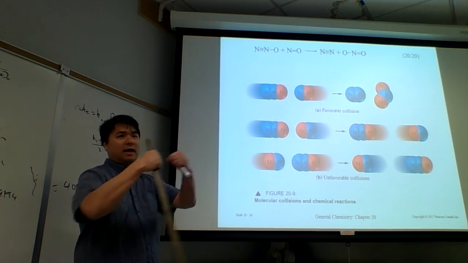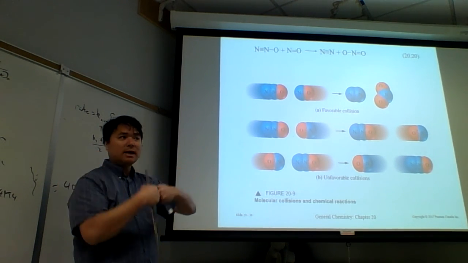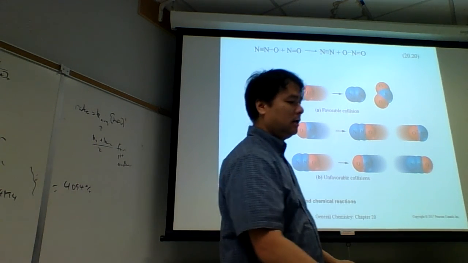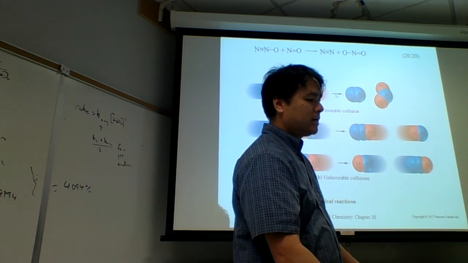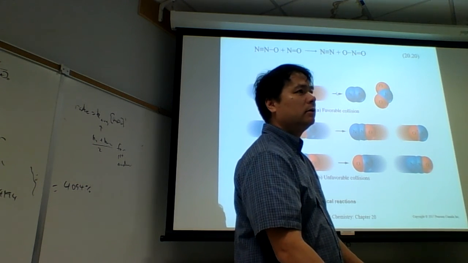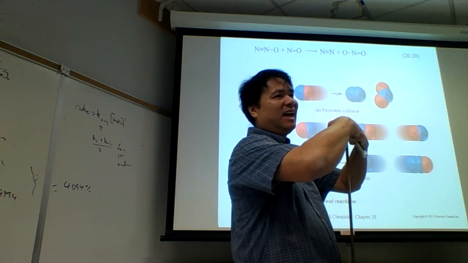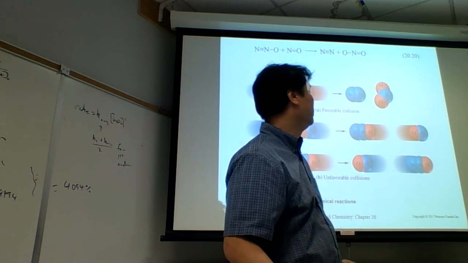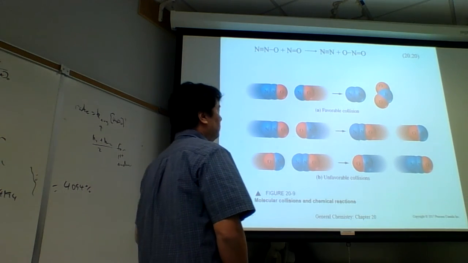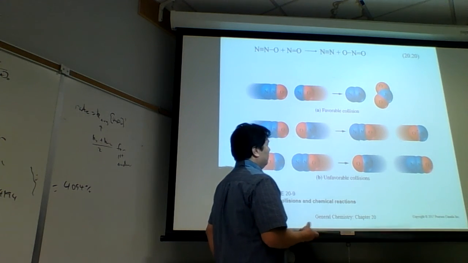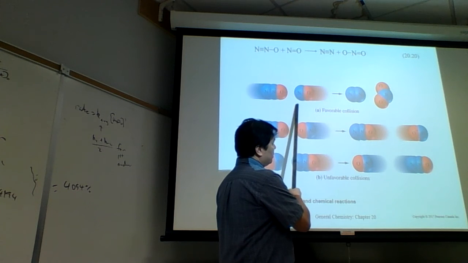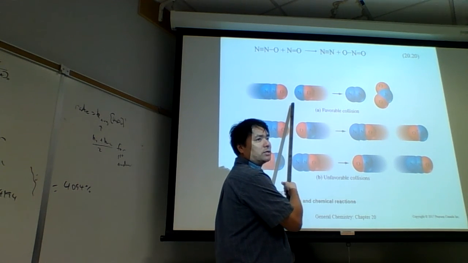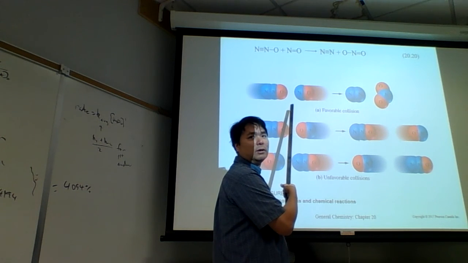Plus, they can come at angles too. It's not going to be a head-on collision. So one, we need the proper orientation. But if the collision is very light, like a parking lot fender bender versus a heavy collision on a freeway, a very low energy collision might not result in a reaction, even with the correct orientation, because you just don't have enough energy to break the bond.